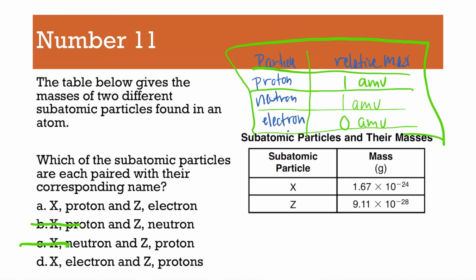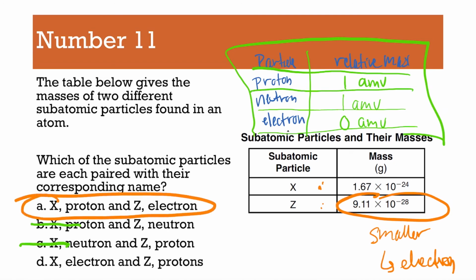And the question now is, well, which one of these is an electron? Which one is a proton? And if we look right here, this is a much smaller number. So the smaller particle of mass is your electron. So that means Z has to be the electron, and that is what A says.